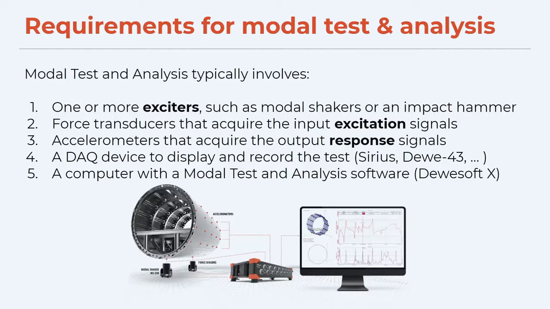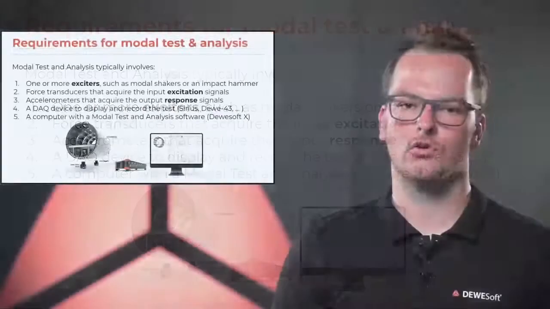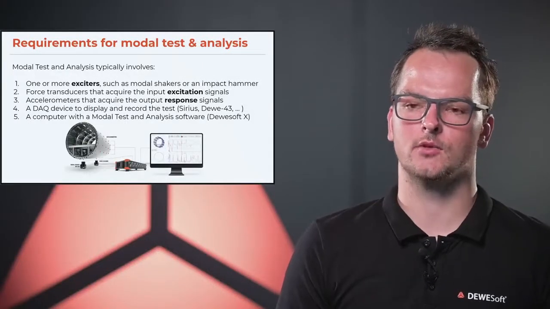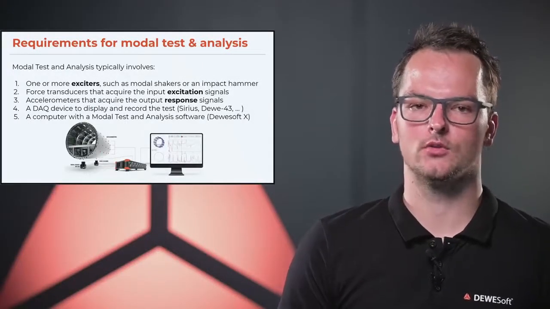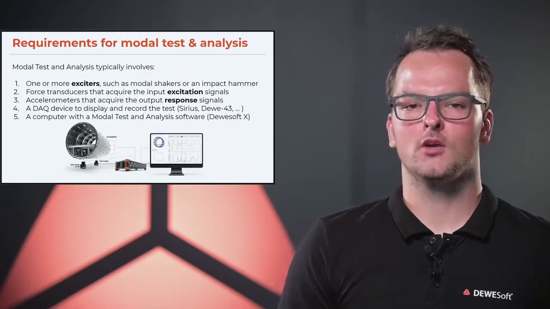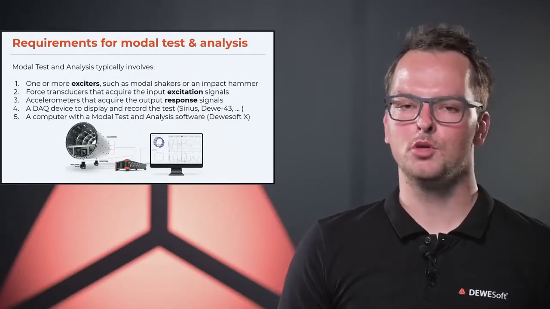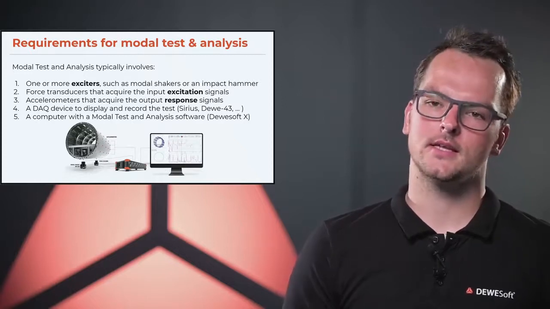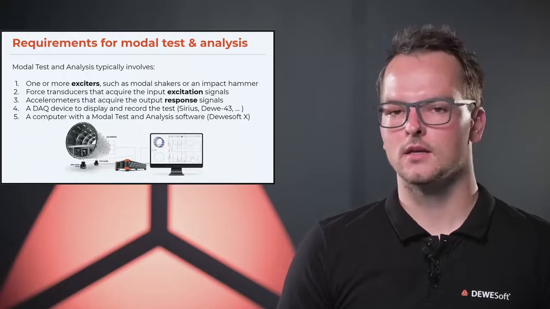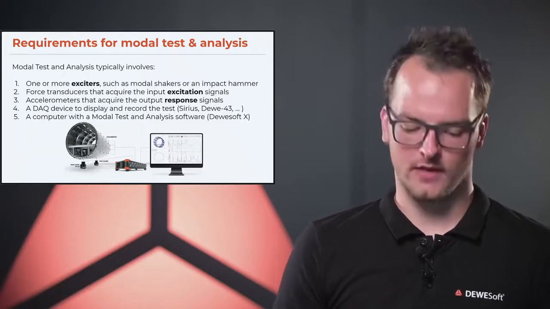For example, Sirius, DEWE-43, if you have a large channel count, you can use the R4, R8 or HD series, so it's up to the number of channels that you want to use. And then of course this device needs to be connected to a computer that has the capabilities to analyze the results, like Dewesoft X, for example.